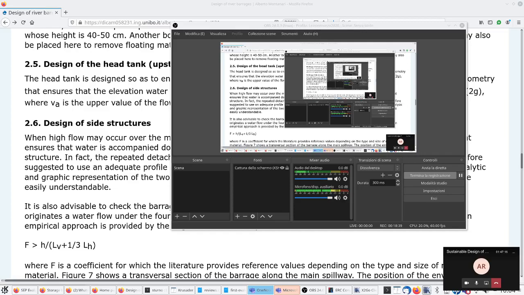This is a relationship that is known from fluid mechanics. It applies to currents, and therefore it applies to our case. So you can compute V because you know QD, and if you divide QD by A, V is known.